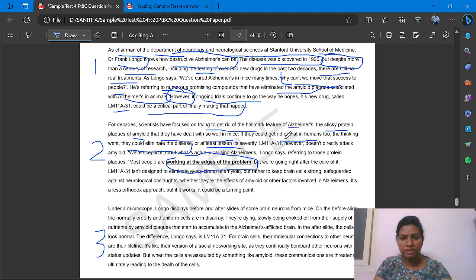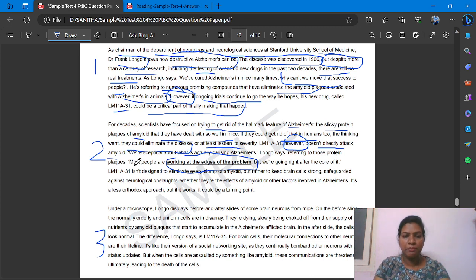LM11A31, however, does not directly attack amyloid. We are skeptical about what is actually causing it, Longo says, referring to those proteins.